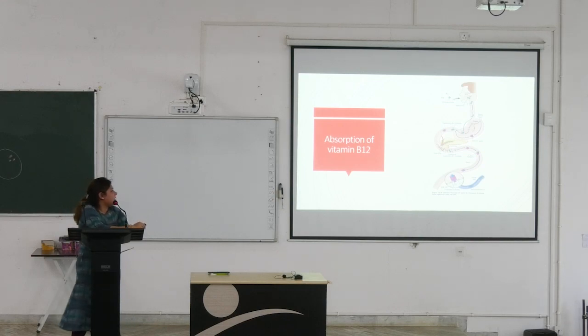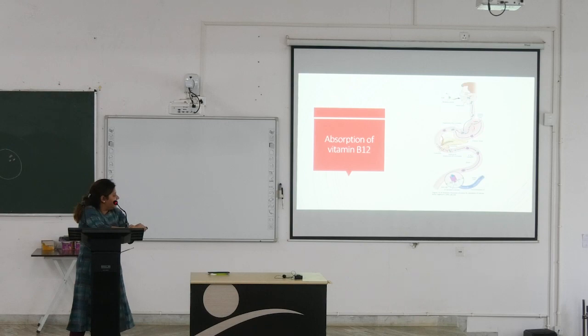Okay, vitamin B12 is also called extrinsic factor. Vitamin B12 is bound to a binding protein. Now the first one that it meets is the haptocorrin. Haptocorrin is released by the salivary gland, and it is pursuing the vitamin B12 to the stomach.